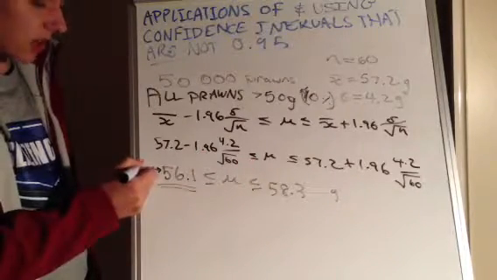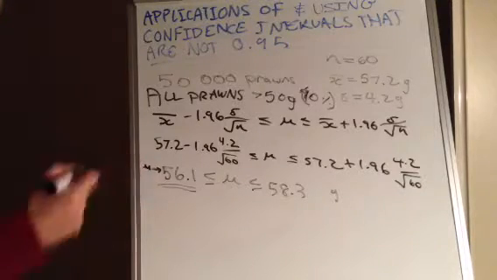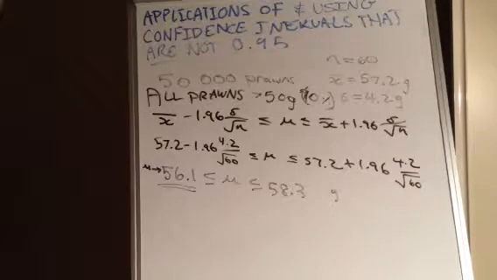But we take this lower mu value and we treat it as the actual mu value, because that's on the lower end of our sample, and again she's claiming that no more than 10% of prawns will weigh less than 50 grams.